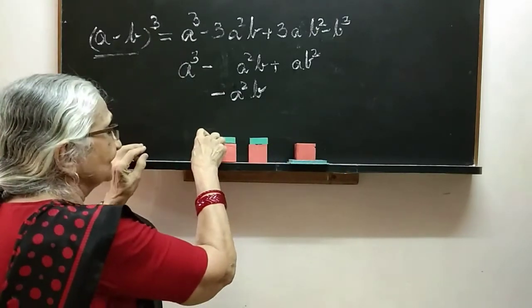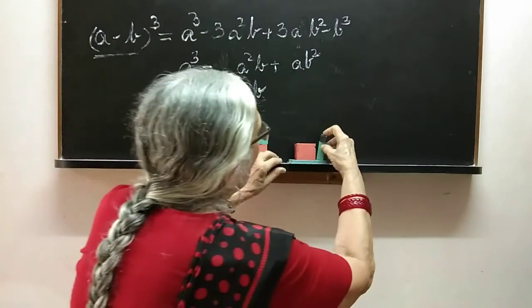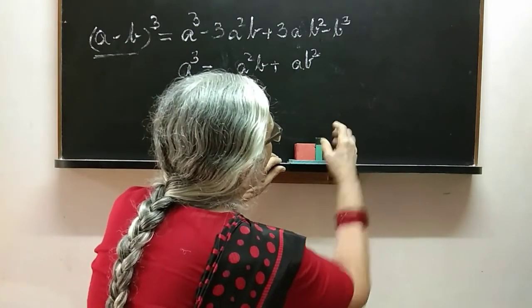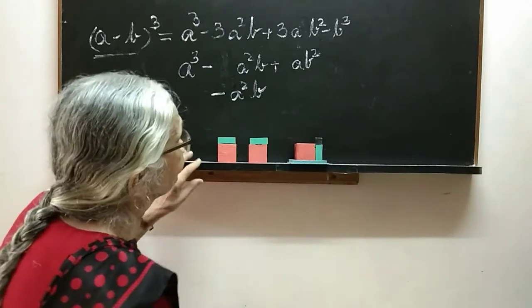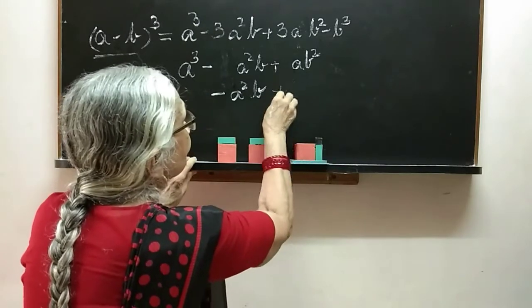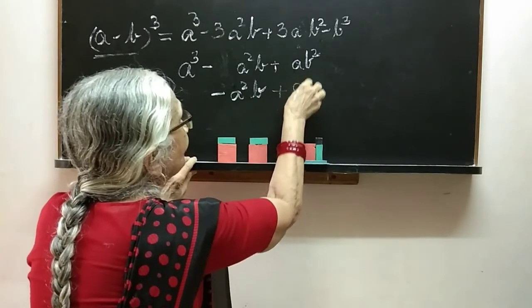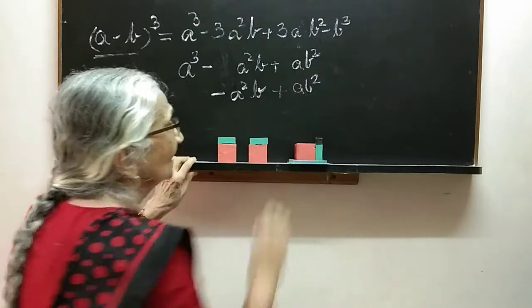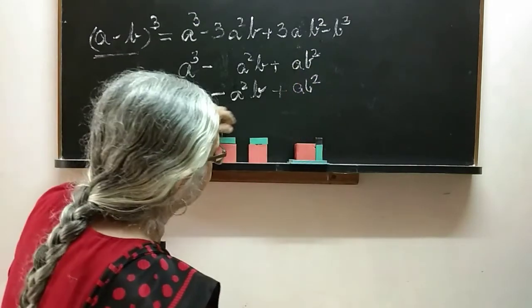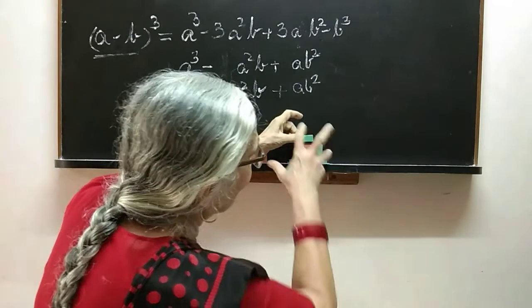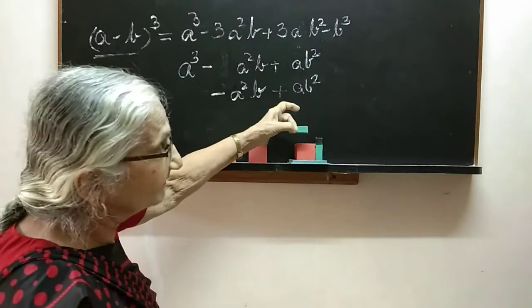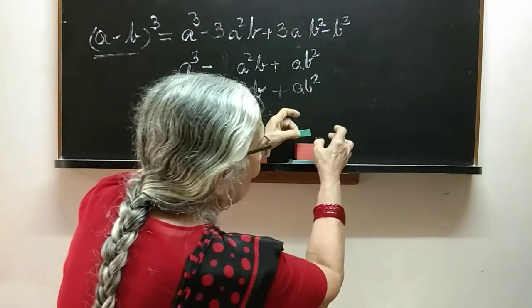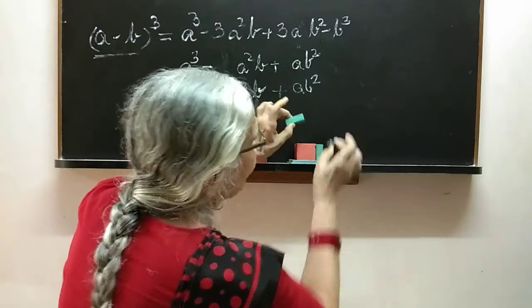We can add this at most. Okay, let's add. What are we adding? AB square. But we still need a piece here, so that we can take away all 4, and we don't have it. And we can have it only with this. This cannot go alone.